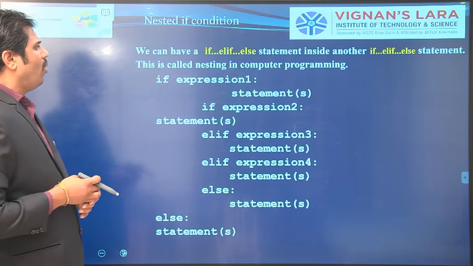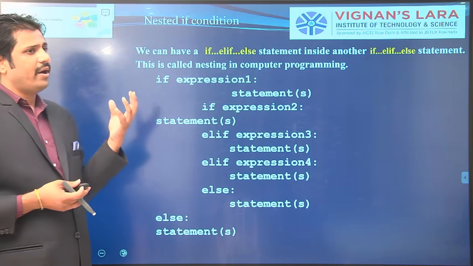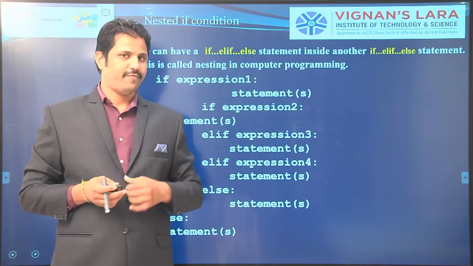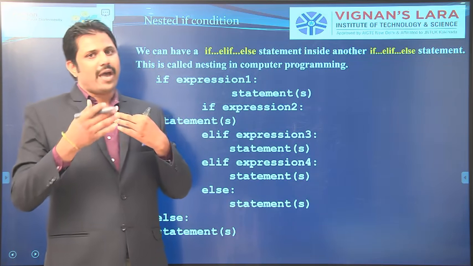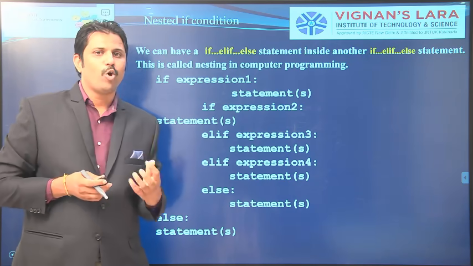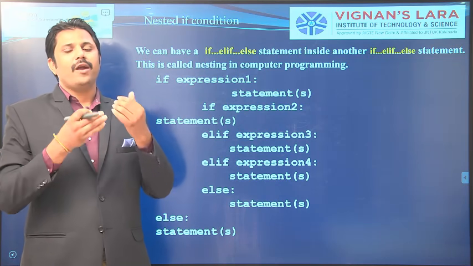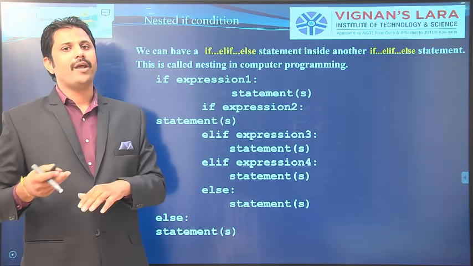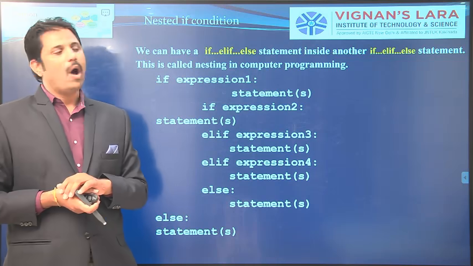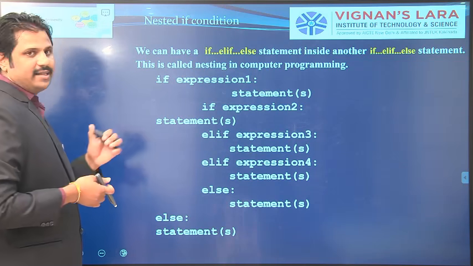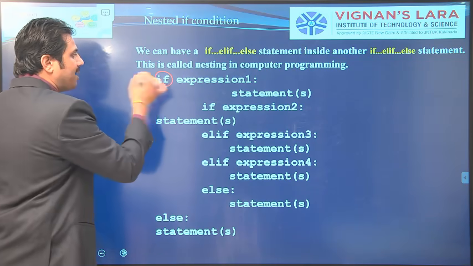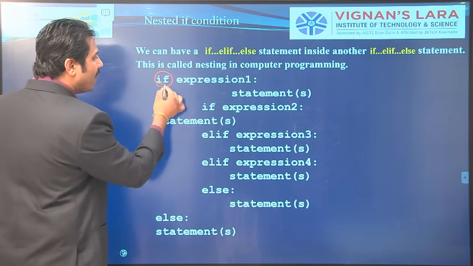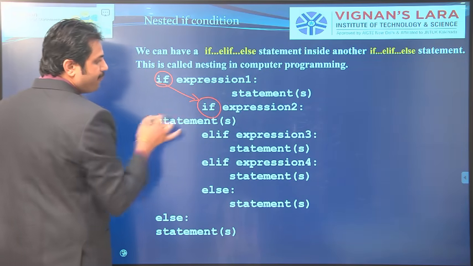Okay, so the next concept is nested if. As we already know, if an if has one more if inside it, it is called nested if. Let us see this syntax. I have an if statement. This if has one more if.